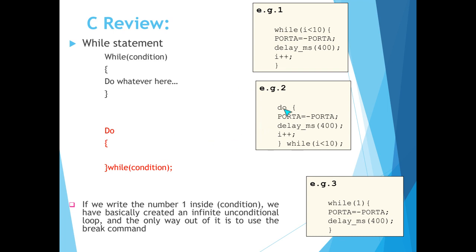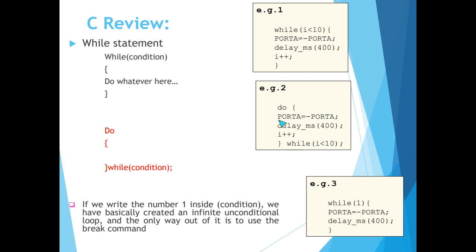About do while, as you see, do term, curly braces, the body of the statements; the same statement is written here. As you see, port A is equal minus port A semicolon, then delay 400 millisecond, then increase I by 1. I, we know, is an integer number, because this operator is used for integer numbers, again semicolon and closing braces, and then the condition is written.